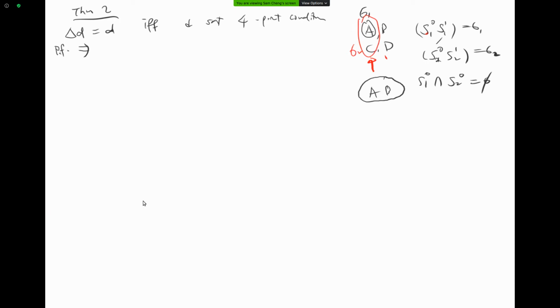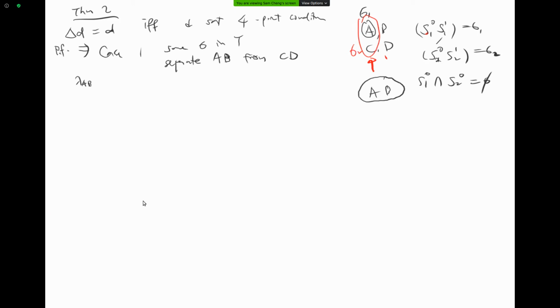But without loss of generality, let's consider AB. Actually, let's do case 1. I have some sigma in the tree that separates AB from CD, and let me denote lambda AB.